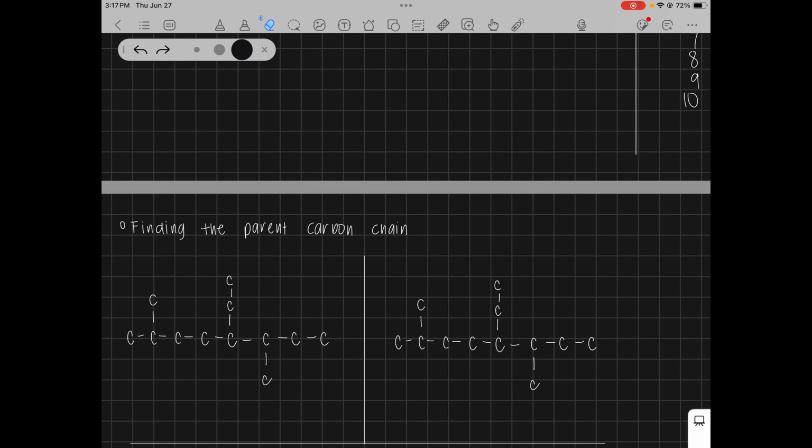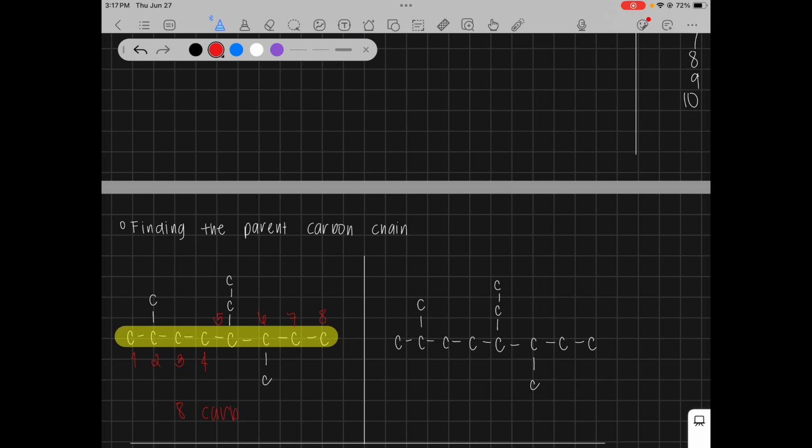You need to find the longest chain that you can find. For example, we will find the parent chain by numbering like this. So we will number how many carbons it has. So it's 1, 2, 3, 4, 5, 6, 7, 8. We have here an 8 carbon chain.